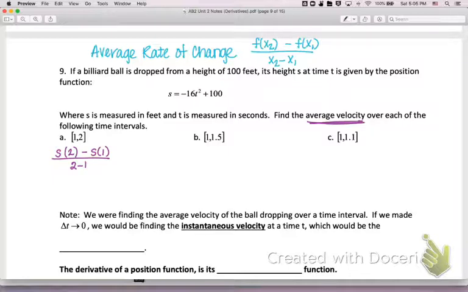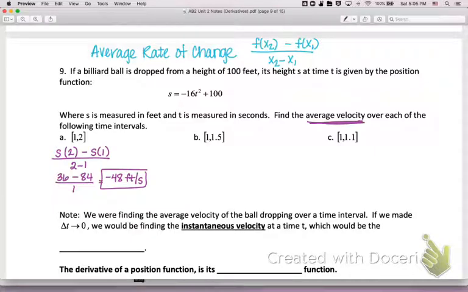When you put that in your calculator, you get 36 for s of 2 minus 84 for s of 1, all over 1. So we get that the slope, the average rate of change, is negative 48 feet per second, because those are the units that we were given. That's the average rate of change from 1 to 2.